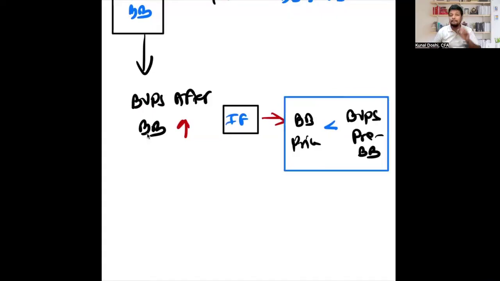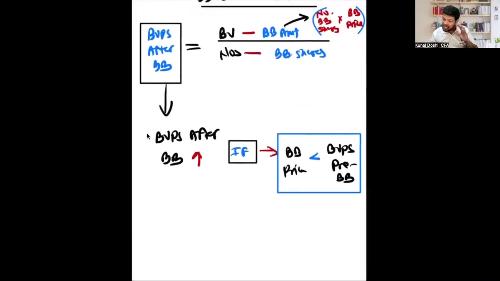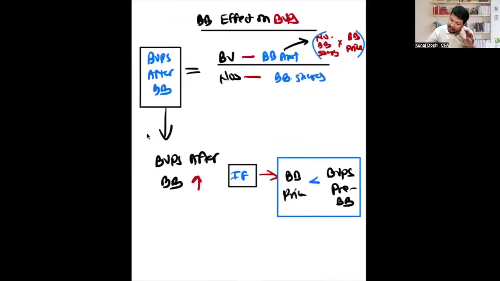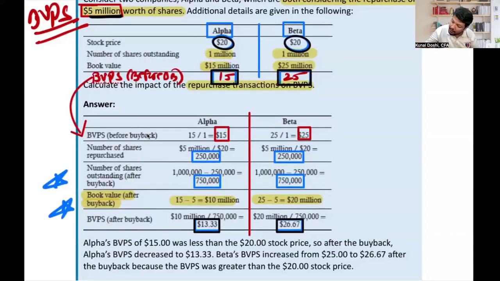Why? Because the company did the buyback at the lower price. In this case, the book value per share of the company before buyback was 25, but the company did the buyback at the stock price of 20. So again, the company's buyback price was lower than the book value per share pre-buyback.